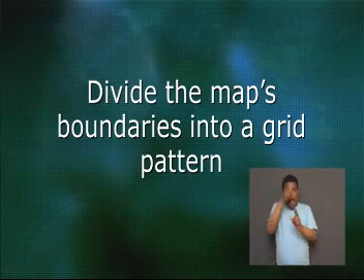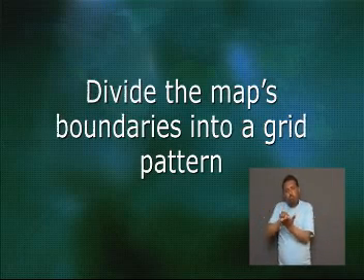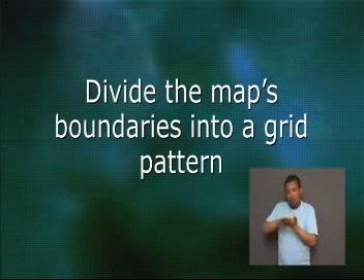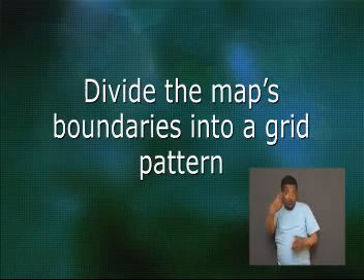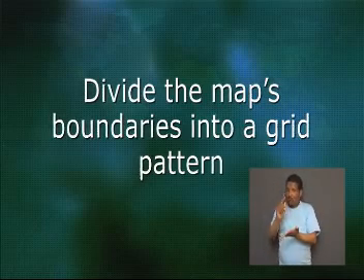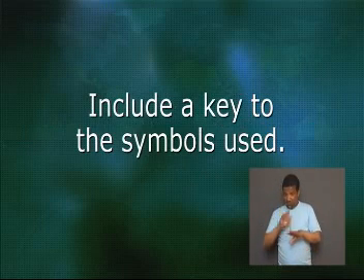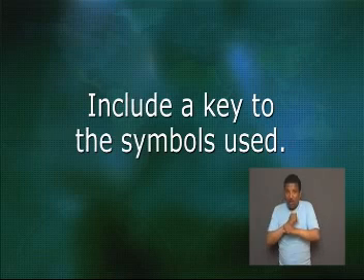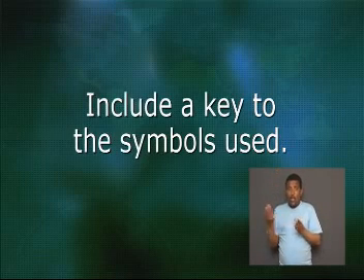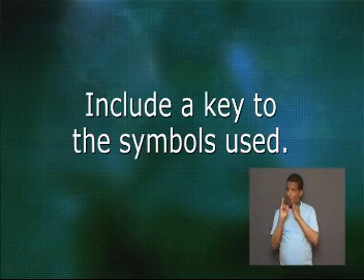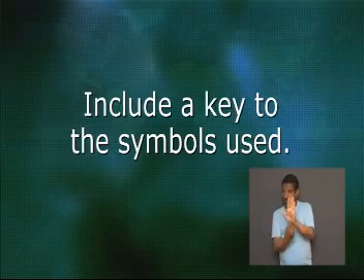These lines will be erased after you have completed the sketch, so be sure to use your pencil lightly when you draw them. Finally, once the map has been completed, you must annotate it by including important information such as a key to the symbols you use.